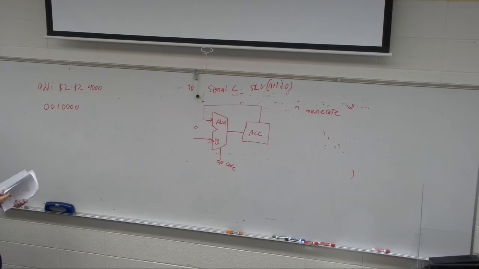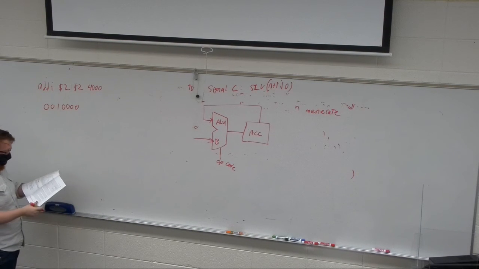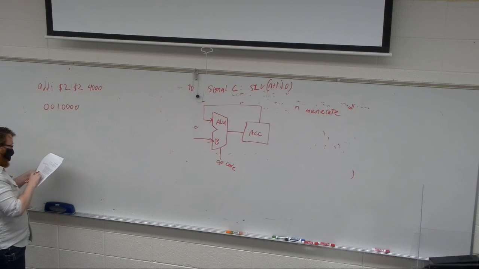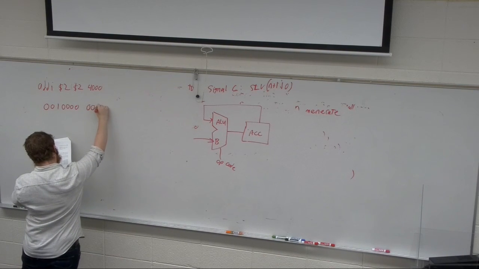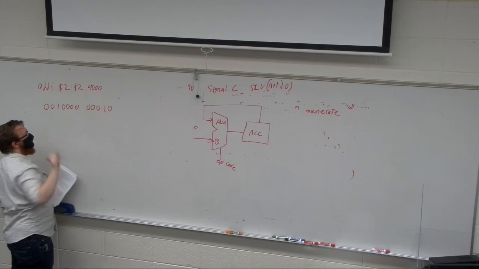Then, the next bits are the addresses. Okay, so I need to then store 0, 0, 0, 1, 0 for my address.